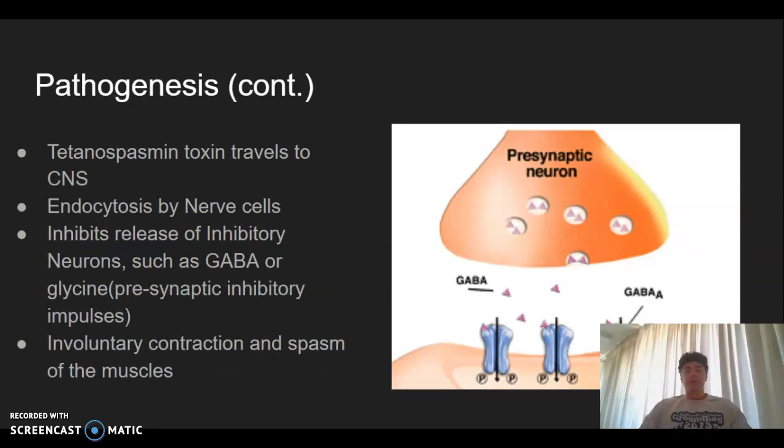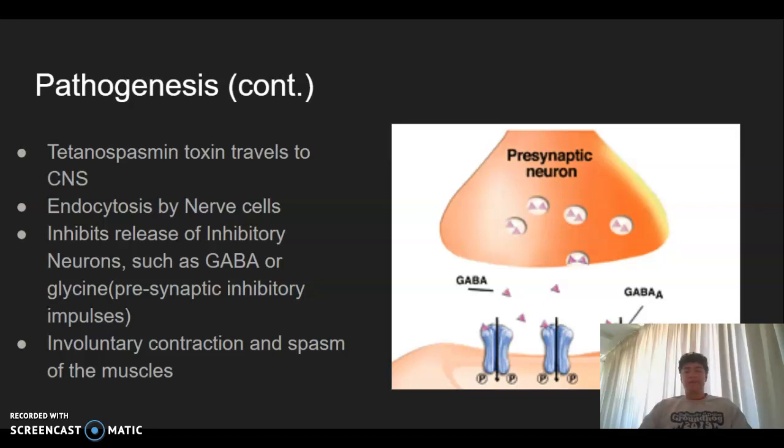Tetanospasmin toxin travels from the tissue to the CNS via blood and lymph. There, the nerve cells take up the toxin by endocytosis at the neuromuscular junction, and the toxin is transported inside the axons. When it's inside the axons, it inhibits the release of inhibitory neurotransmitters such as GABA or glycine.